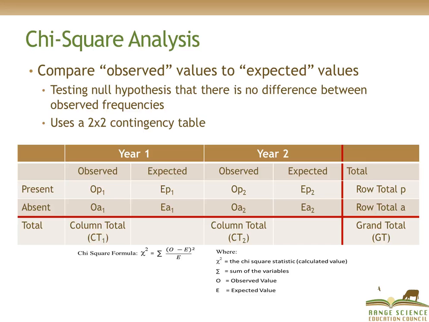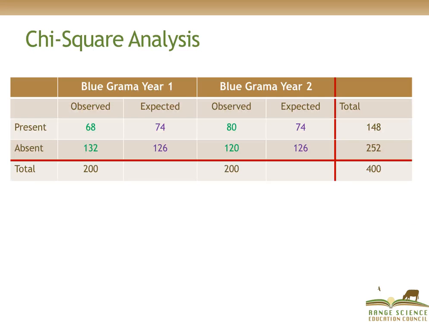But we use the chi-squared formula given below and calculate a chi-squared statistic. We then compare that to a critical chi-squared value from a chi-squared table. So let's look at an example of how this is done using the same example that we had before of blue grama frequency estimates.